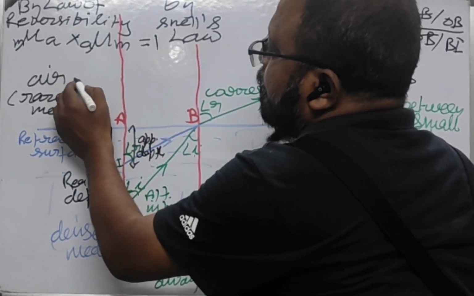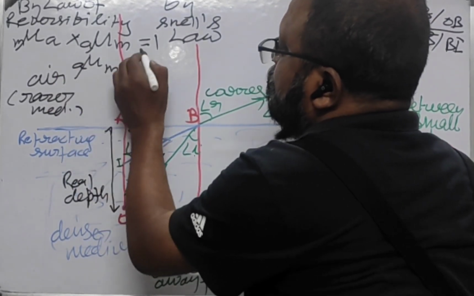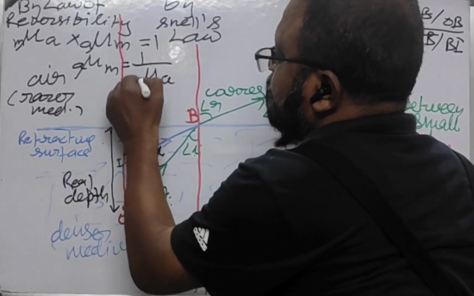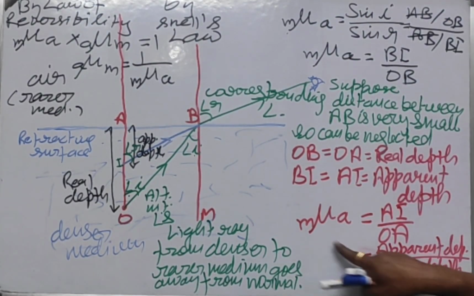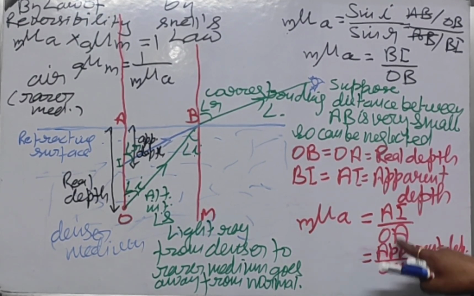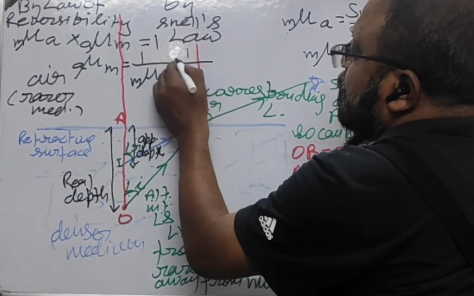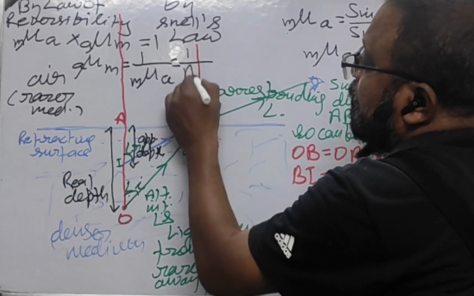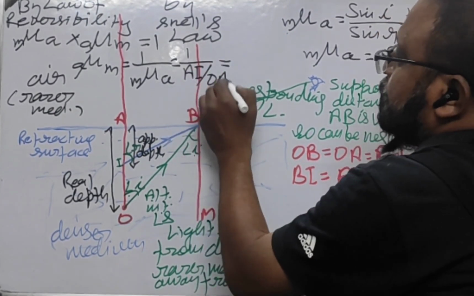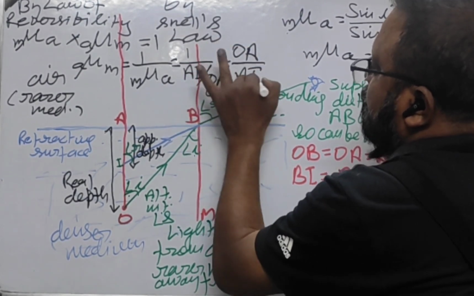So refractive index of medium with reference to air is equal to 1 upon refractive index of air with reference to medium, and that is equal to 1 upon AI upon OA. When it gets inversed, it becomes OA upon AI. Right?